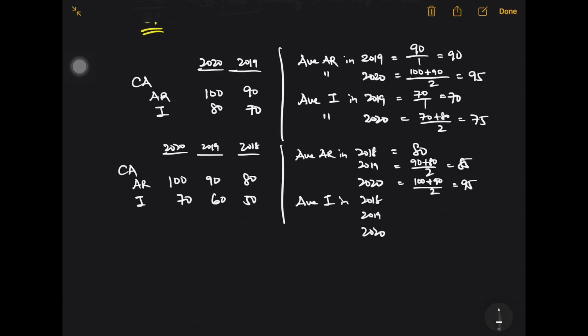So again, if you are given 3-year information and you are asked to get the average of the current year, you only use the current year and the previous year as the numerator. You don't add everything. So for inventory, it's easy. Just copy 50 and then 50 plus 60 divided by 2, 65.